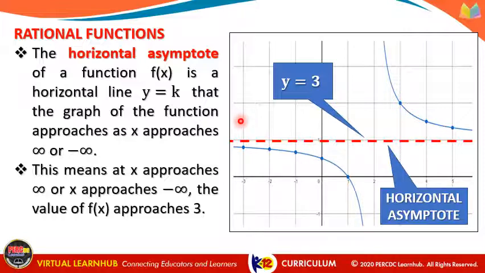That is strictly for vertical asymptote. So, totoo yun lagi sa vertical asymptote. Pero, I think sa next video yun, makikita natin, pwedeng tumawid yung graph sa horizontal asymptote. Pero regardless, ma-experience mo pa rin yung behavior na ito. Okay?